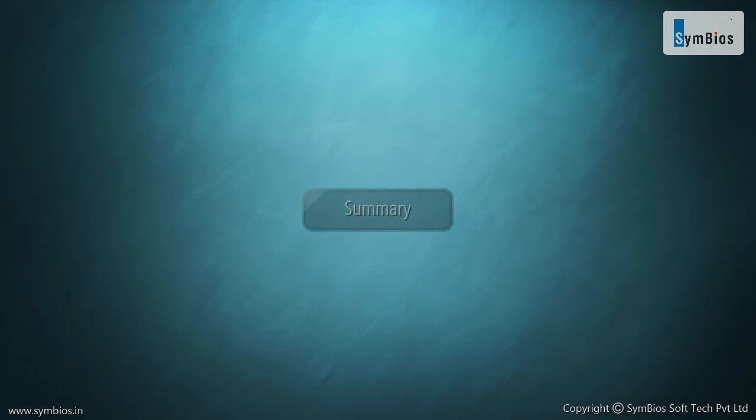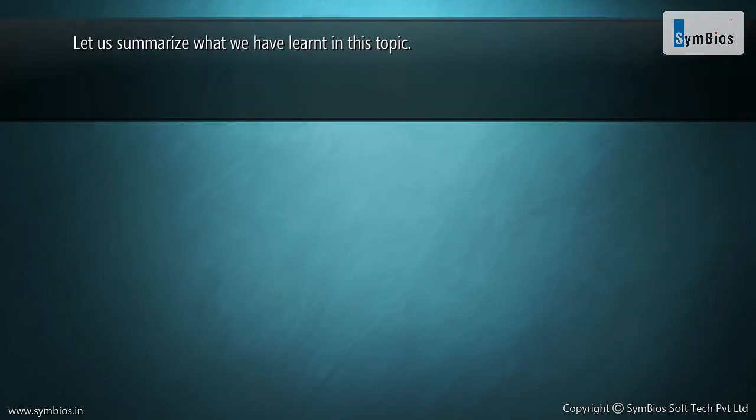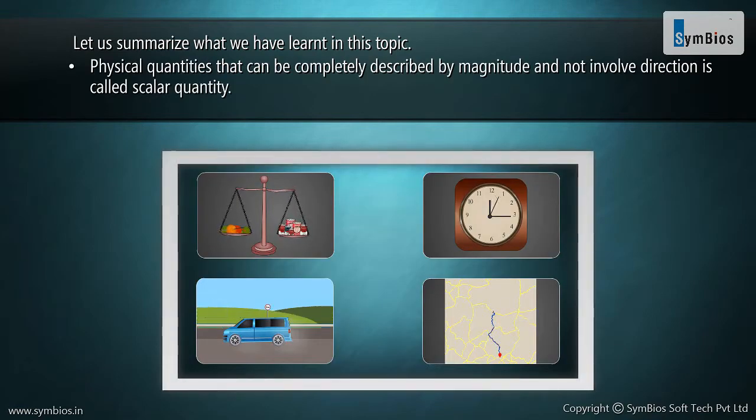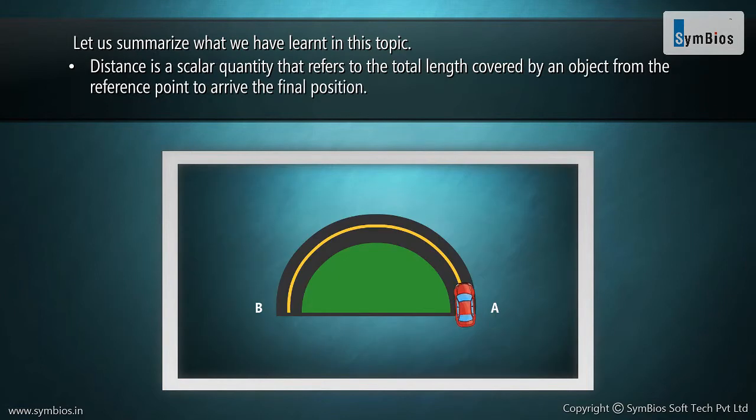Summary. Let us summarize what we have learned in this topic. Physical quantities that can be completely described by magnitude and do not involve direction are called scalar quantities. Distance is a scalar quantity that refers to the total length covered by an object from the reference point to arrive at the final position.